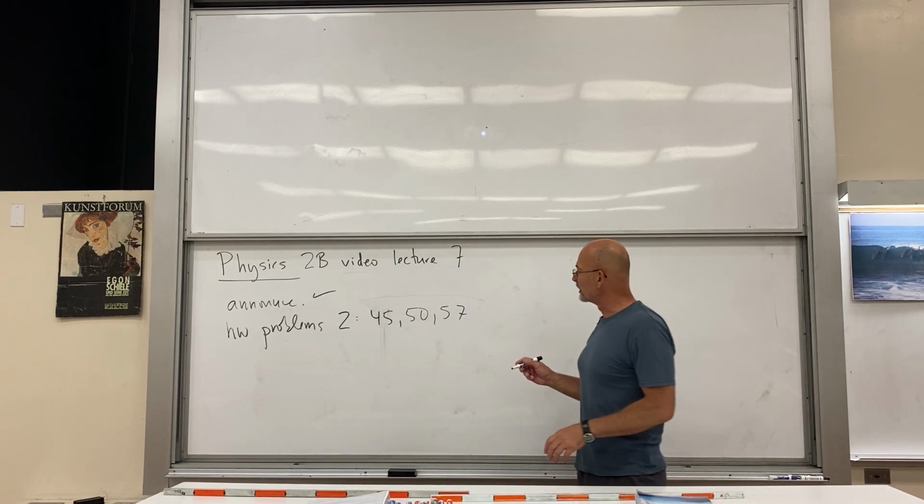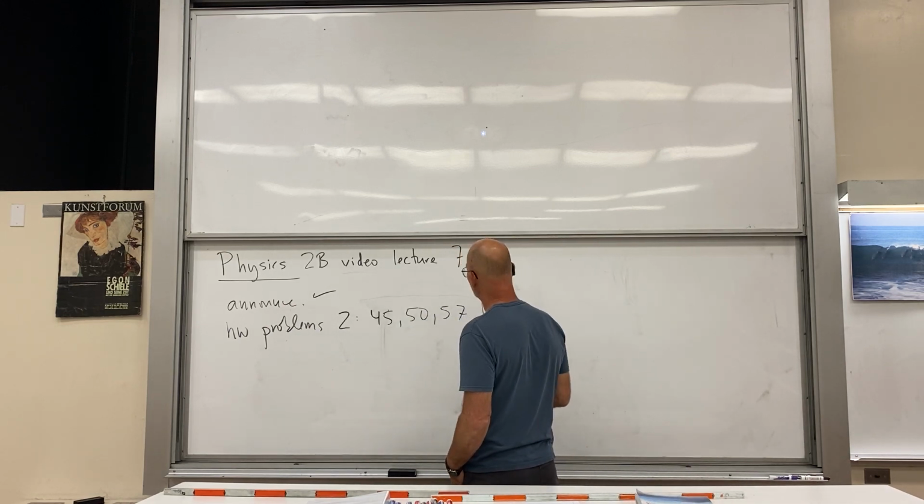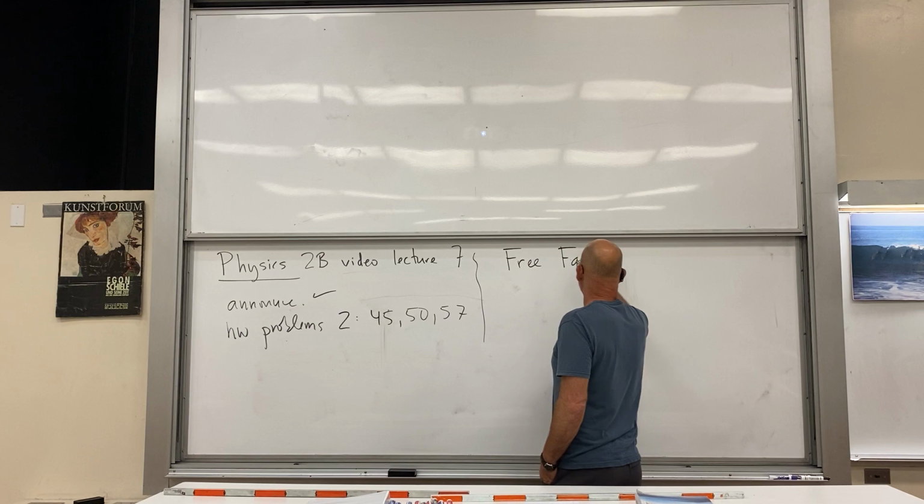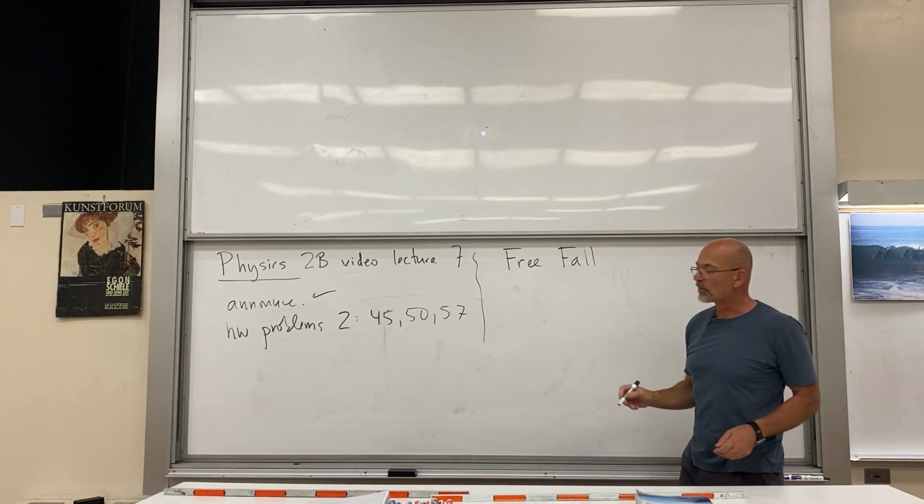First of all, these are about vertical throws. So let's put the free fall formulas right up here for starters. Free fall, I'm really just talking about the kinematic formulas.